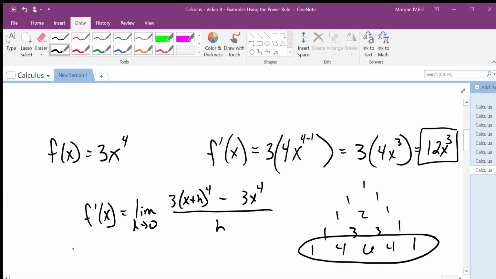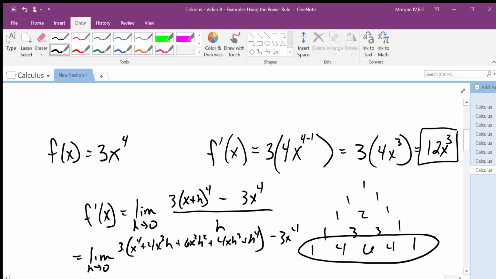I won't finish this one out, but it's the limit as h goes to 0 of 3 times x to the fourth plus 4x cubed h plus 6x squared h squared plus 4xh cubed plus h to the fourth, all minus 3x to the fourth over h, and you multiply and you cancel, and then you divide by the h, and then you let h go to 0, and you get your answer.